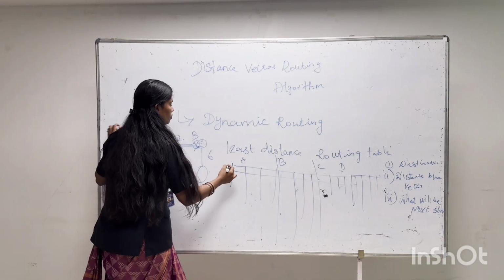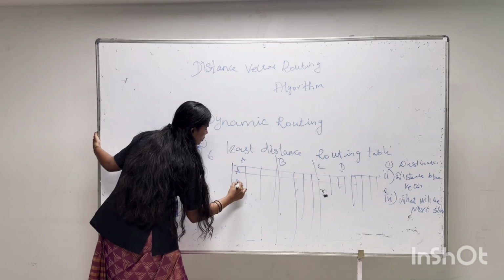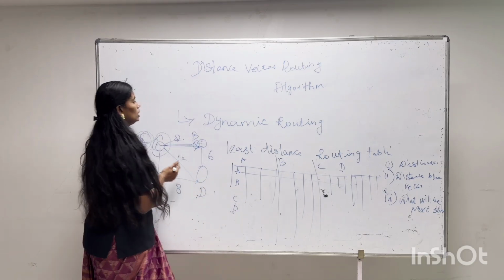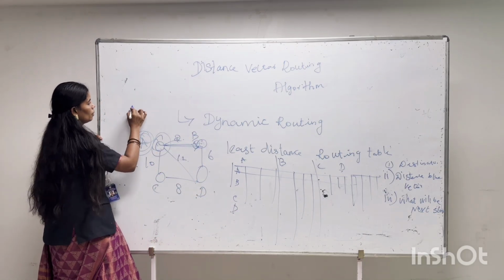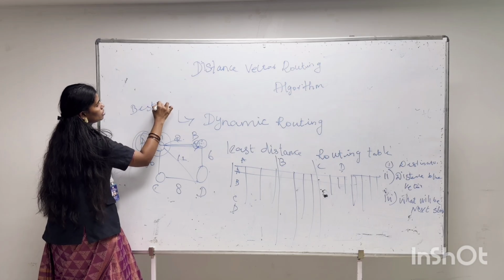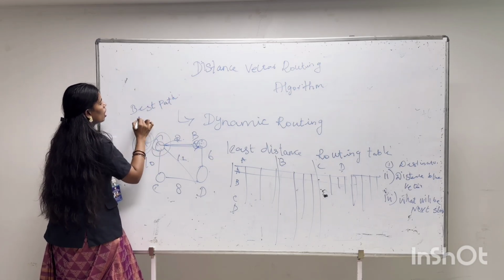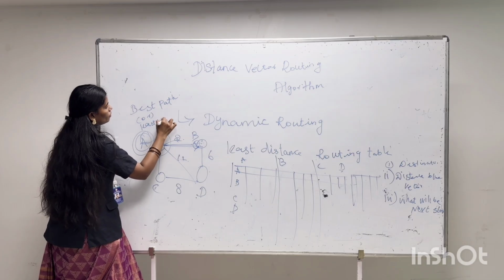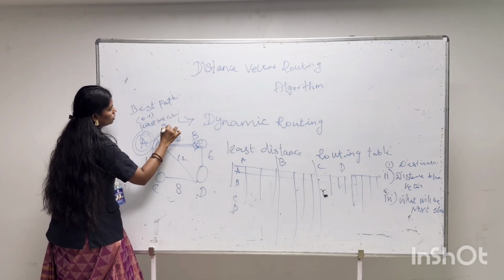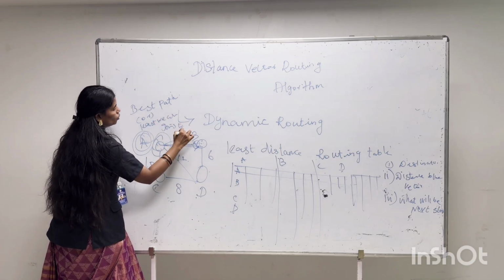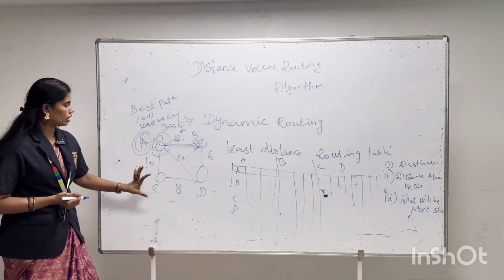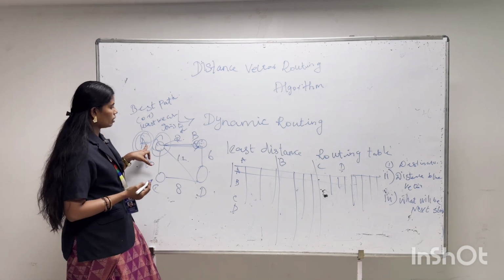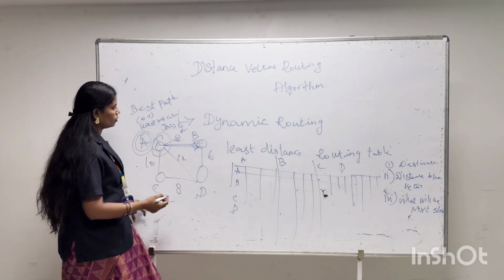So the vectors for A are A, B, C, D. Here we are going to find the best path or least distance from the given vectors. For A, B, C, D, 4 vectors I have chosen.